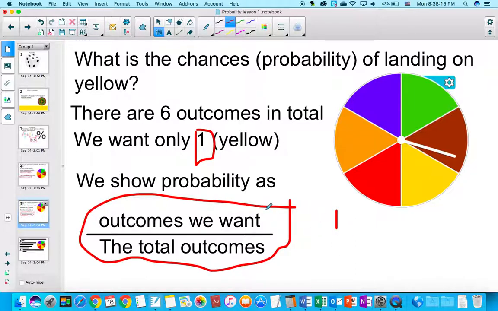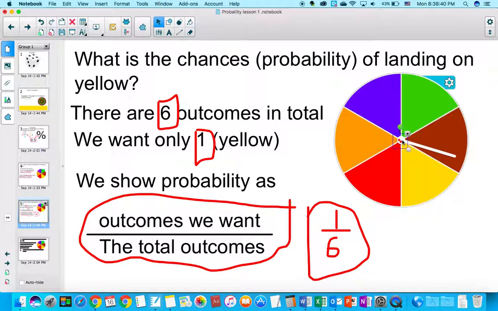Divided by the total number of outcomes, well, there are 6 outcomes in total. So 1 over 6. And this would be our probability. That is how we find the probability of landing on yellow on this wheel. We have a 1 in 6 chance of landing on yellow.